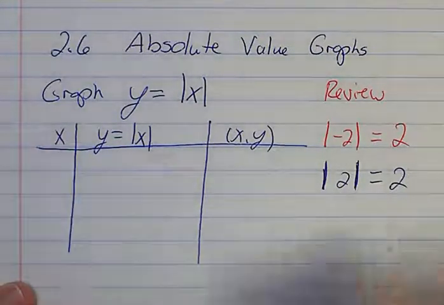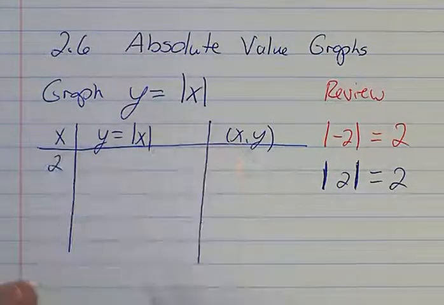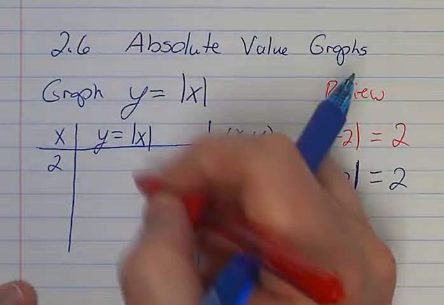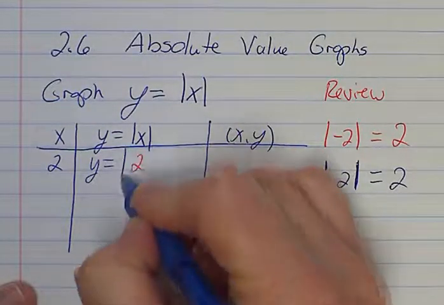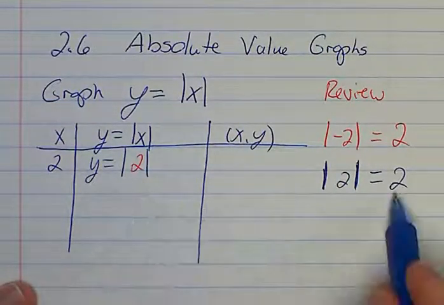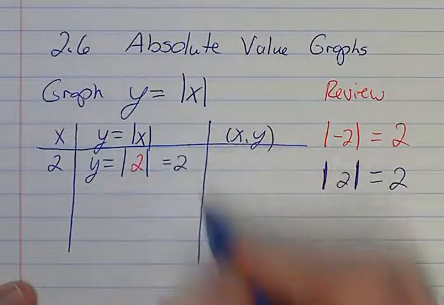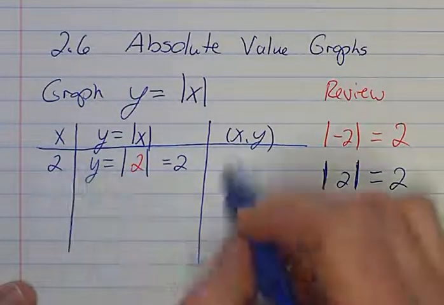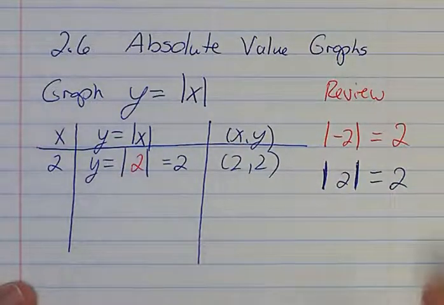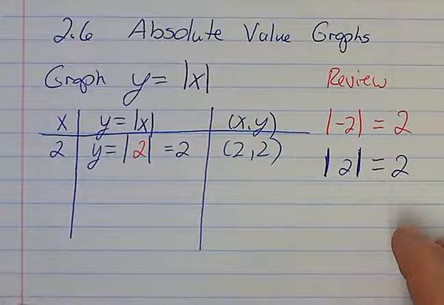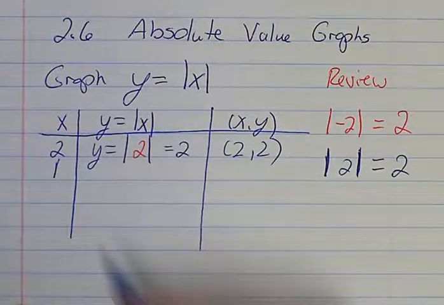Okay, so we're going to start with the first number we had back here. We're going to start with 2. Again, the y is going to be the absolute value of 2, which we just said a minute ago was 2. So when x is 2, the answer we get out of that is 2. Okay, we're going to go to 1.